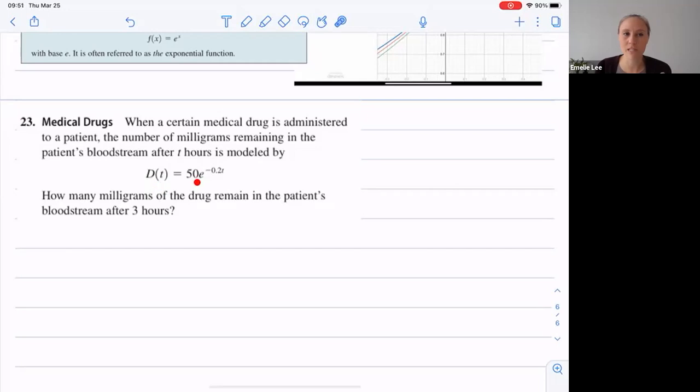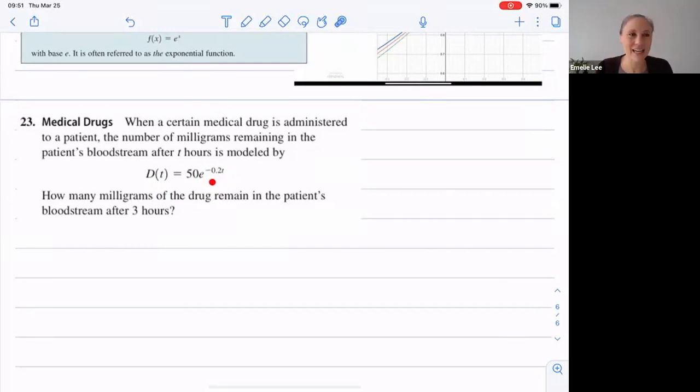It's going to be 50 times e to the negative 0.2 t. Now t, right, is, yeah, let's do this example and then we'll have a coffee break. How about that? I promise.